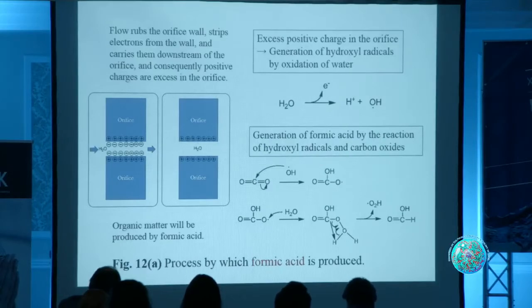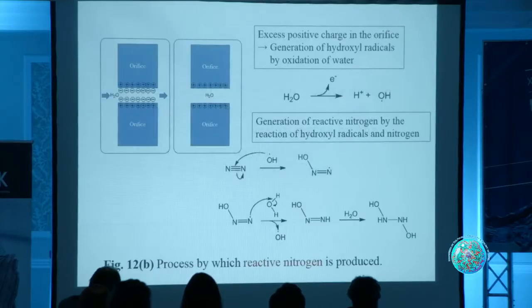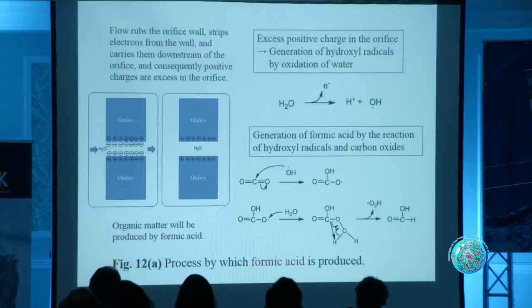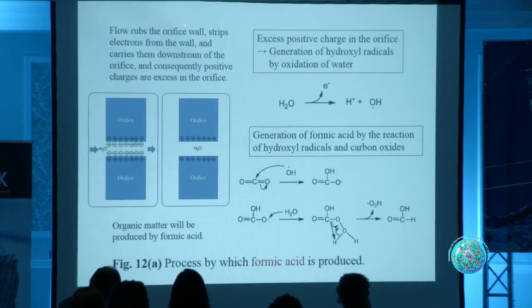Then we think like this. Flow wraps the orifice wall, strips electrons from the wall, and carries them downstream of the orifice. And consequently, positive charges are in excess in the orifice.